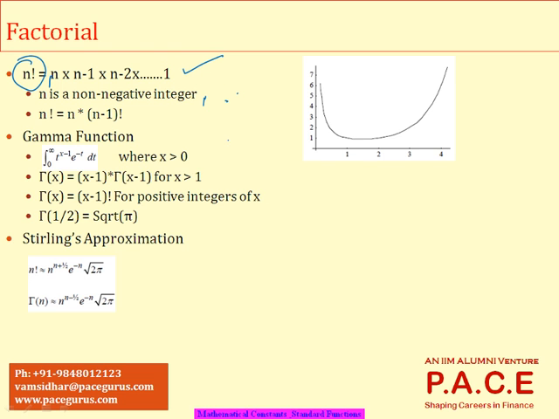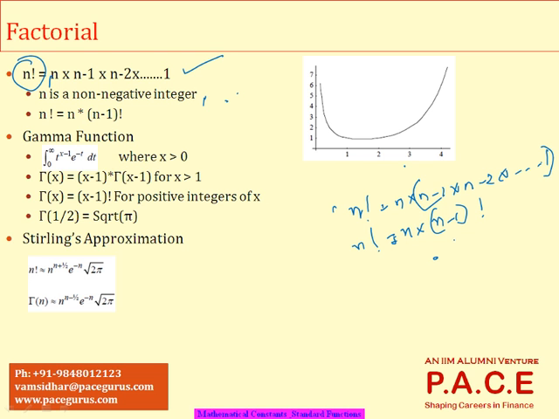You could write it iteratively, because n factorial is n into n minus 1 into n minus 2 and so on up to 1. That is nothing but n into n minus 1 factorial. So n into n minus 1 factorial is the same as n factorial. That's one more way you can write it in an iterative fashion.